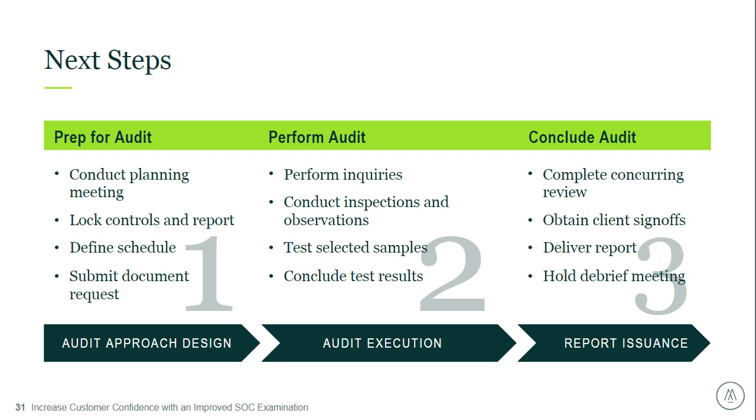It goes through a quality assurance process at the accounting firm. We obtain client sign-offs on the draft report, and at the very end of the process, the service auditor firm should sit down with the client and debrief and talk about lessons learned, or how to be more efficient and effective the next round.